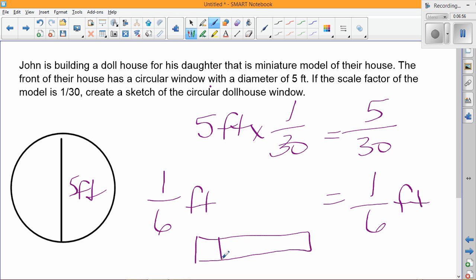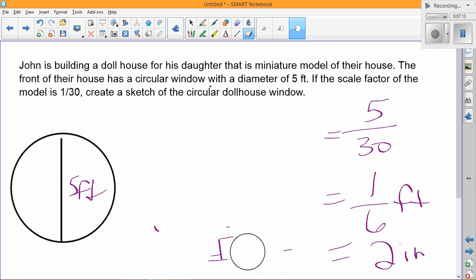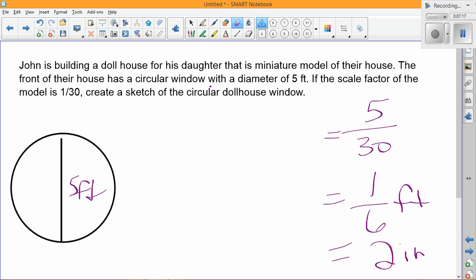So 1/6 of that is going to be 2. So a 1/6 of a foot, or 2 inches. So when I draw that scale model, I should now end up with a diameter that's 2 inches.